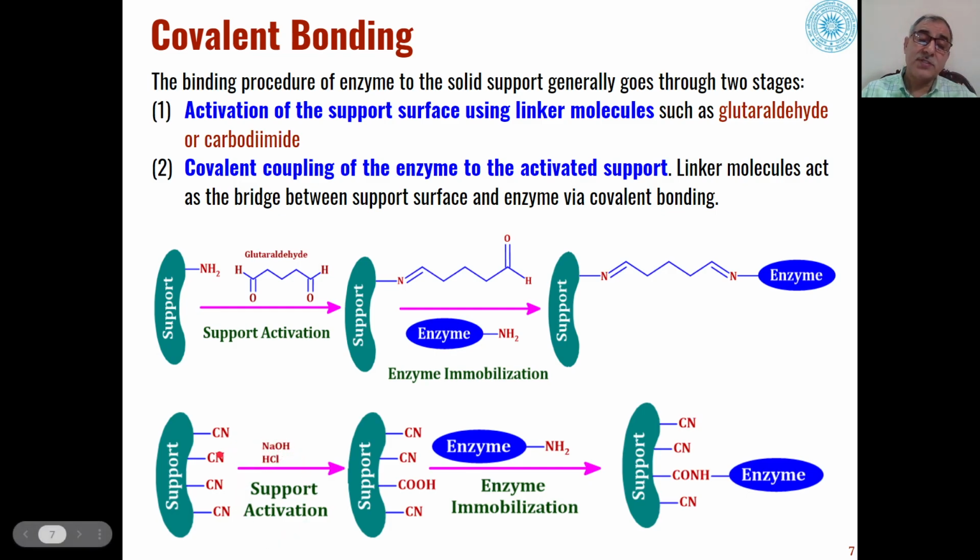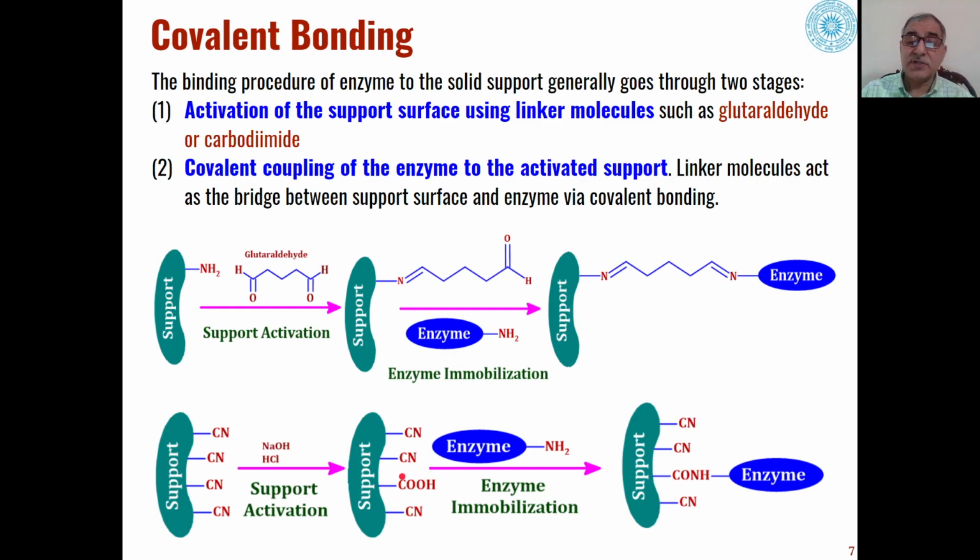So hydrolysis of this cyano group will take place, and some of the cyano groups will be hydrolyzed to give us carboxylic acid on basic hydrolysis, first the sodium salt of this carboxylic acid will be formed, and then on reaction with HCl neutralization we will form these types of activated supports.